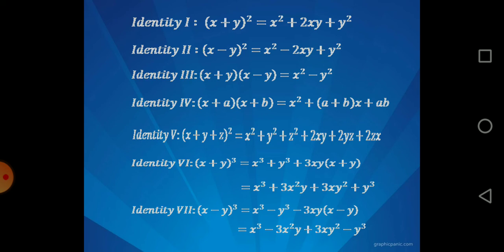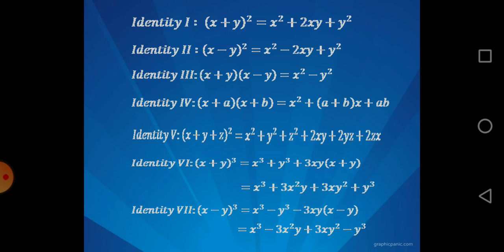X plus a into x plus b is equal to x square plus a plus b of x plus ab. Then the fifth identity, x plus y plus z whole square is equal to x square plus y square plus z square plus 2xy plus 2yz plus 2zx.